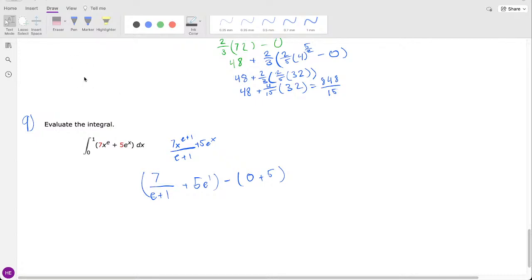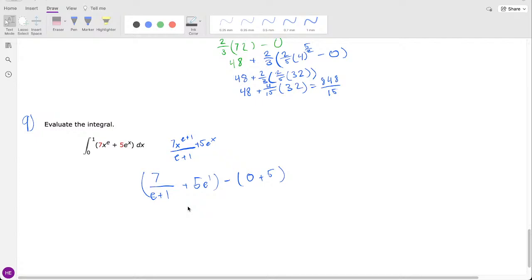And you have y equals square root of x, y equals 0, and x equals 4. And then calculate its area.